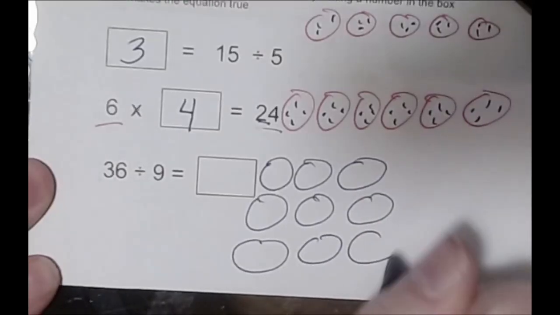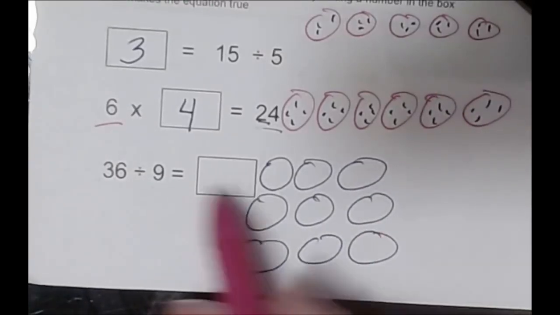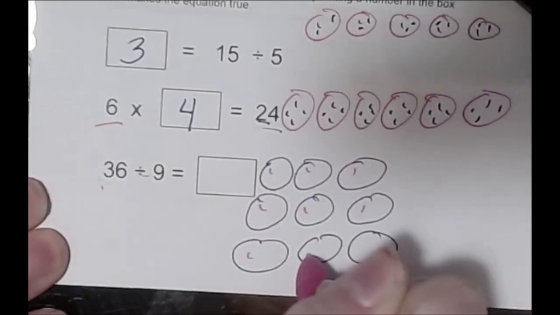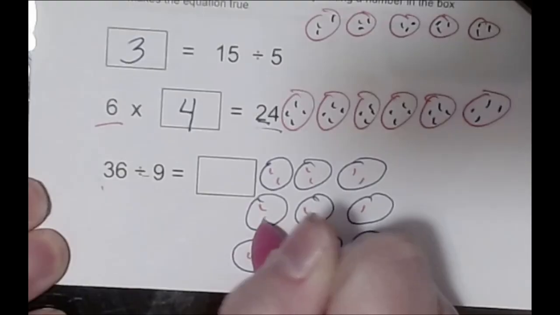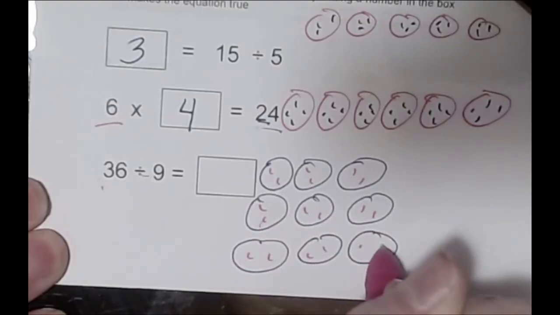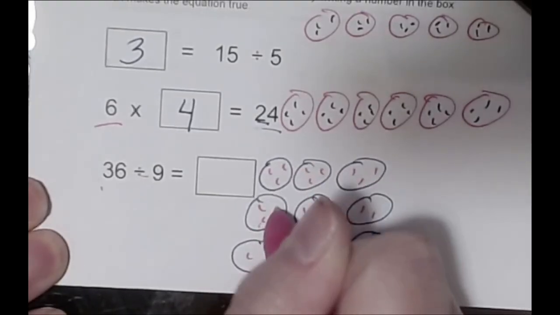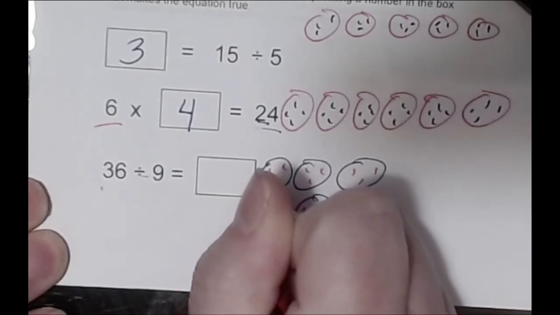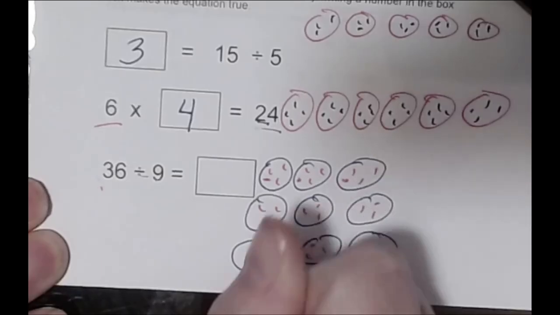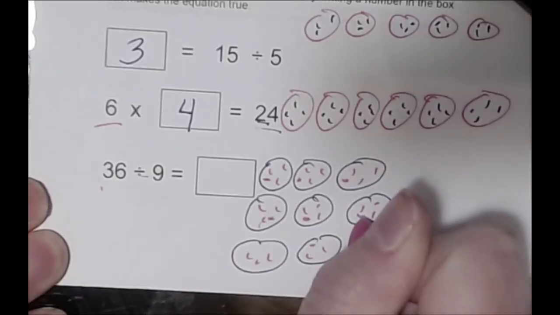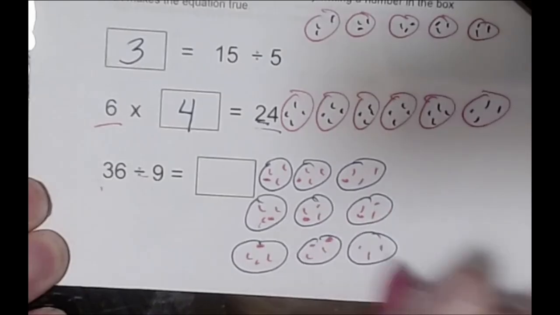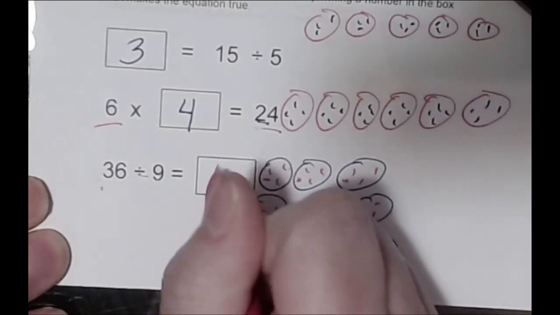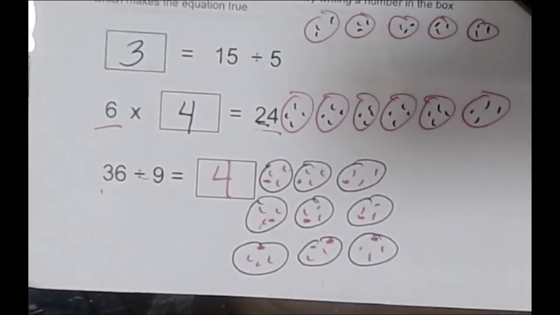And now I'm going to count 36. How many is in each one? 1, 2, 3, 4. So 4 just so happens to be that number again.